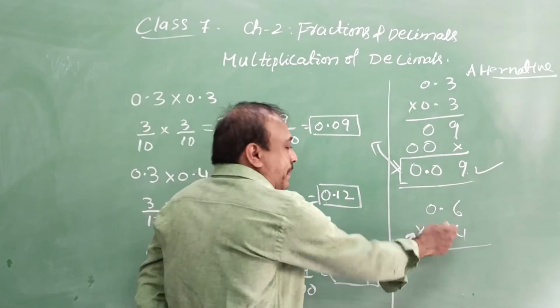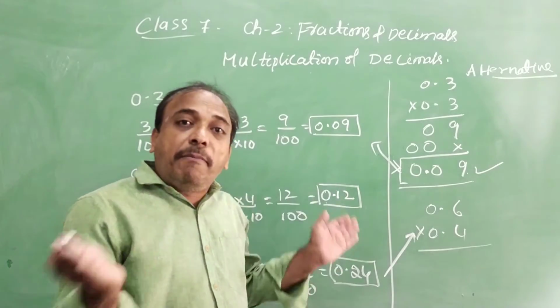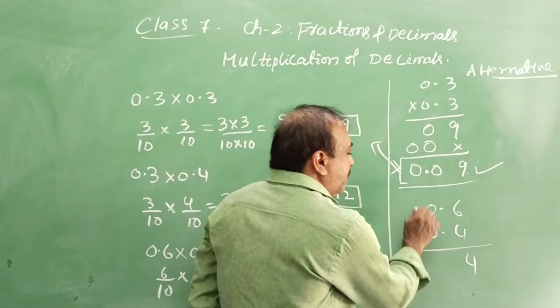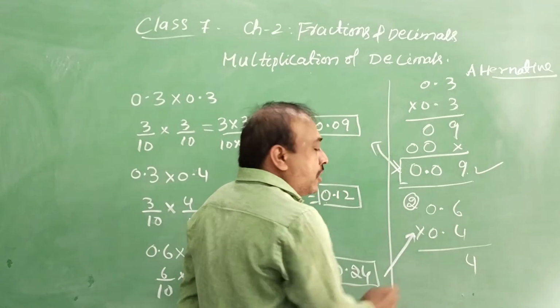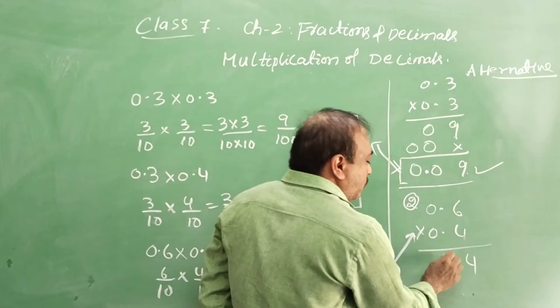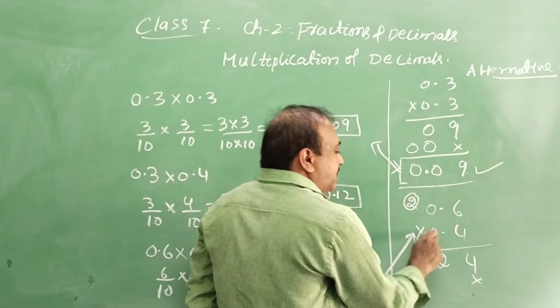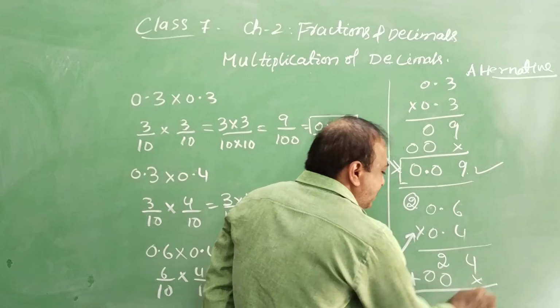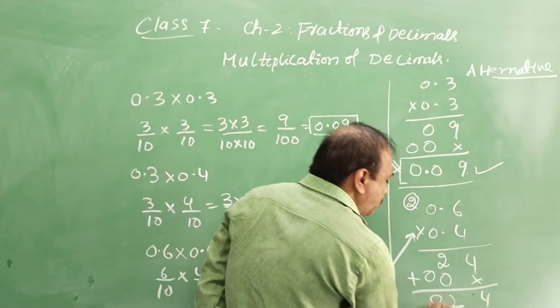So we just ignore the decimal and multiply them as whole numbers. 4 6s are 24, 4 zeros are 0 plus 2, 2, then 0 6s are 0, 0 zeros are 0, plus 4 2 0.